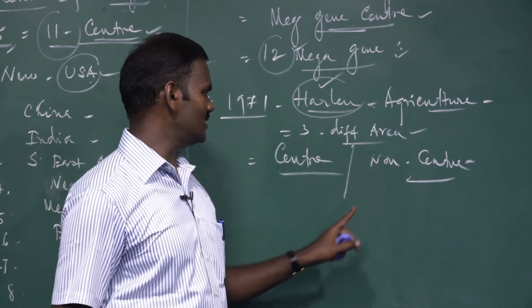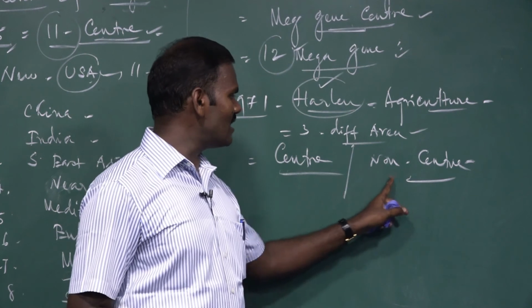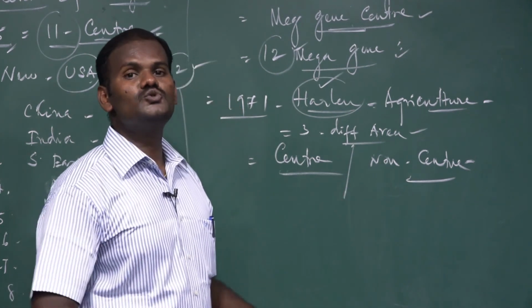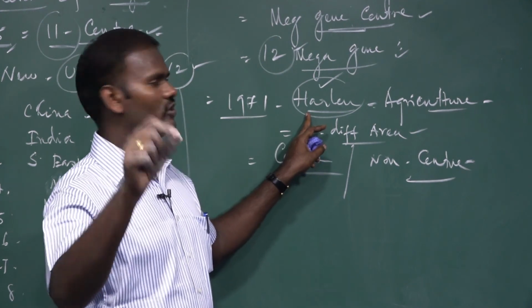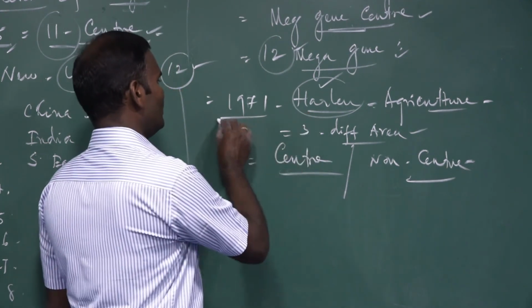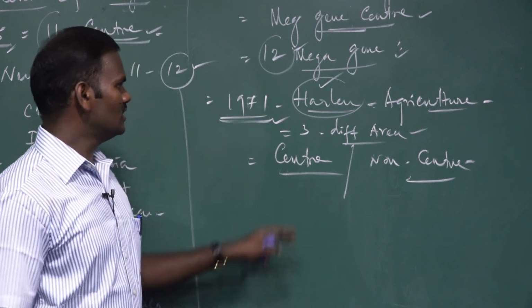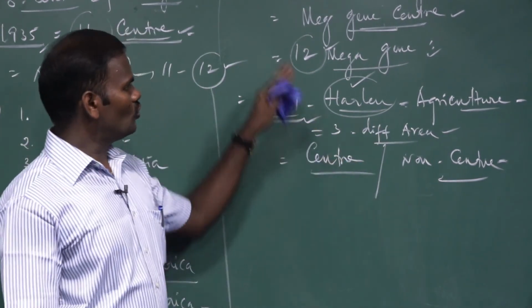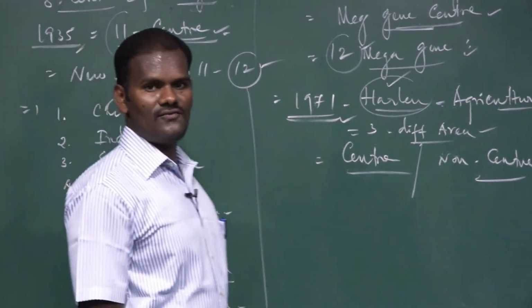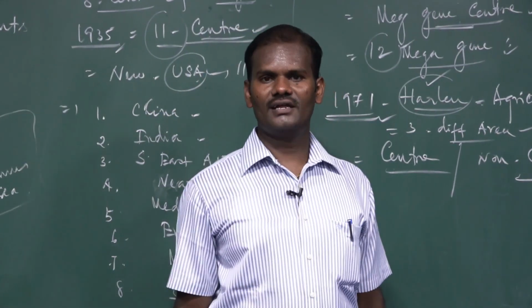These are called non-centers. Both center and non-center interact together. This concept was first put forward by Harlan in the year 1971, that agriculture was developed in three different areas. So this is the life history of the development of agriculture.